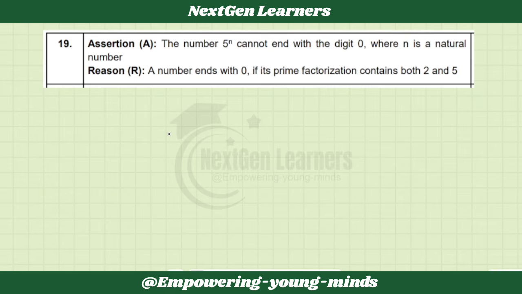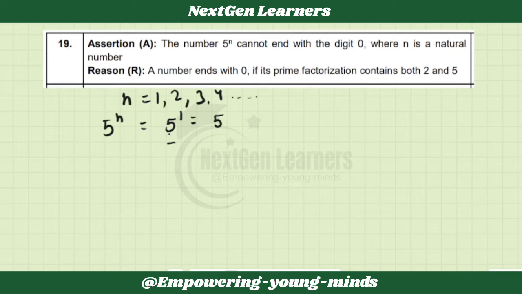It's an assertion and reason type of question. The number 5 power n cannot end with the digit 0, where n is a natural number. Now if n is a natural number, so n value starts from 1, 2, 3, 4 and so on. And if I put the values in this, for n equal to 1, that is basically 5.